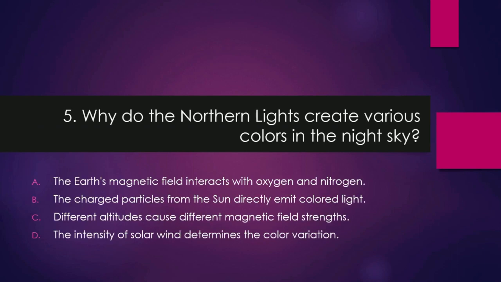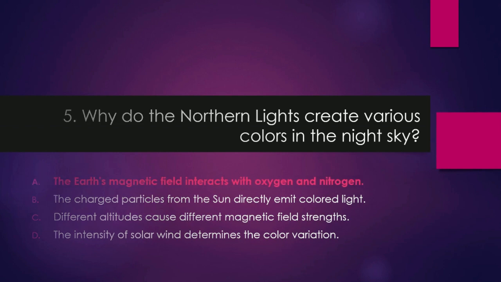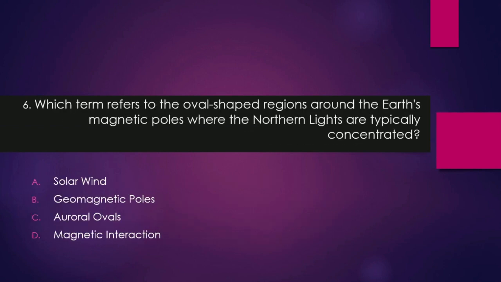Why do the Northern Lights create various colors in the night sky? Six. Which term refers to the oval-shaped regions around the Earth's magnetic poles, where the Northern Lights are typically concentrated?